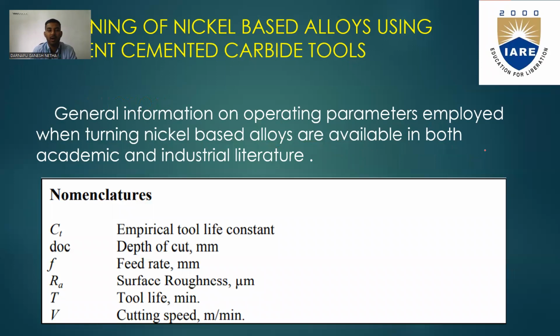General information on operating parameters employed when turning nickel-based alloys, available in both academic and industrial literature: tool life constant, depth of cut, feed rate, surface roughness, tool life, cutting speed.